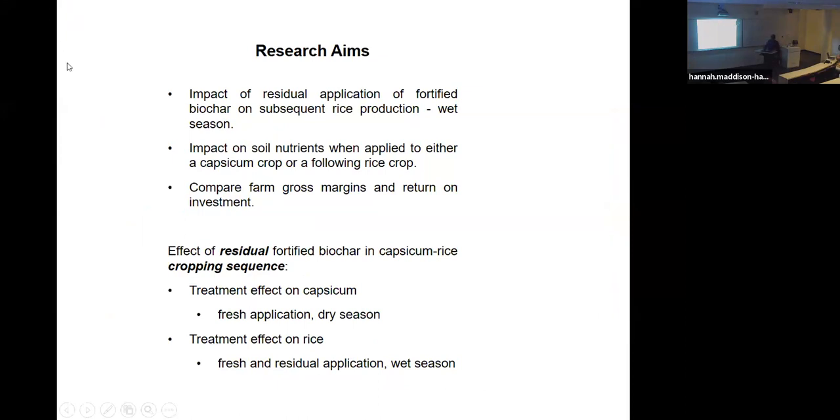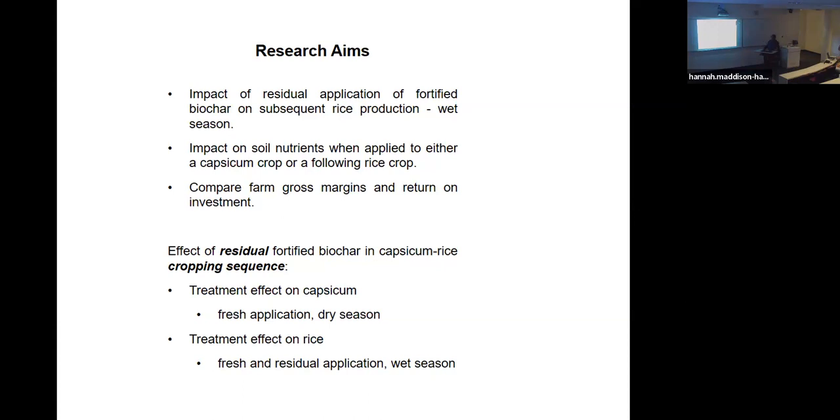The aim of this study is to see the direct impact of fortified biochars on capsicum in the dry season, and to see the residual impact on subsequent rice in the wet season. We also try to compare the fresh application of biochars, nitrogen, and phosphorus to rice in the wet season.